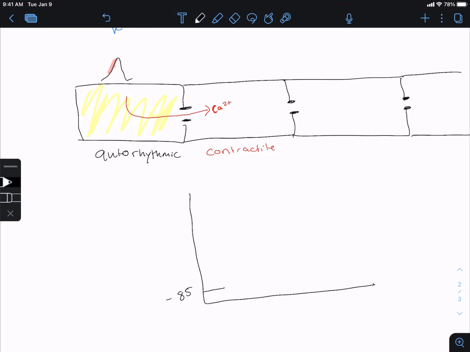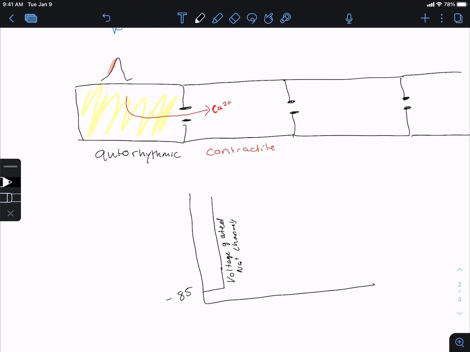At which point that calcium is going to cause a rapid depolarization, and it's going to trigger the opening of voltage-gated sodium channels, which is going to give me a very rapid rising phase.